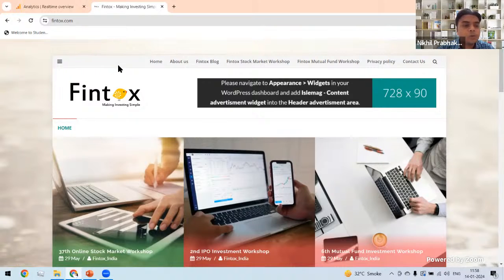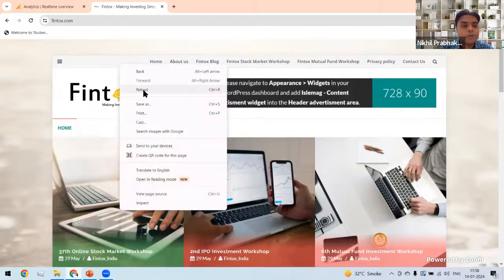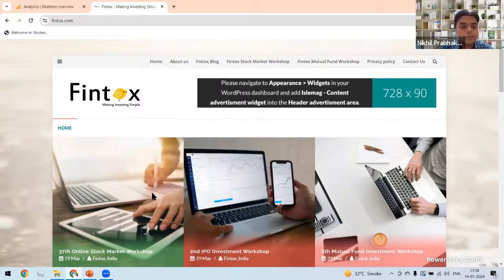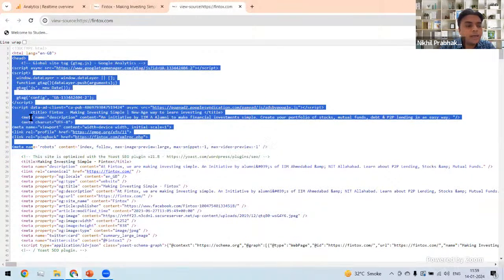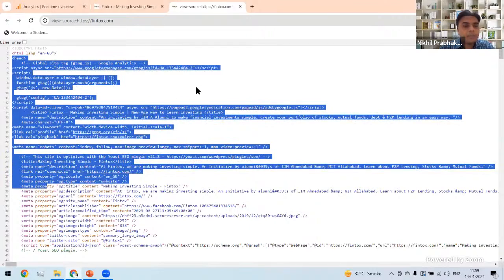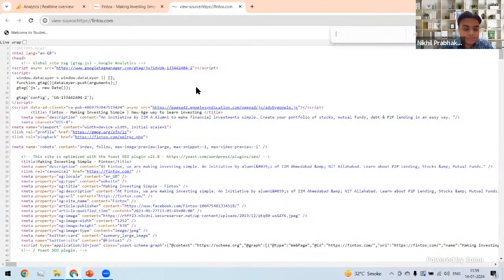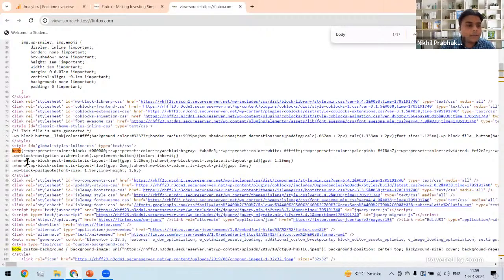And let's explore this for this website. So I do a right click and I go to view page source. So I click on view page source. Now this is HTML code. This is the HTML document. And over here, let's look at the head part of the code. This head part is generally a small part of the code. And maybe over here, I'll just type body. This is where the body part of the code is starting.